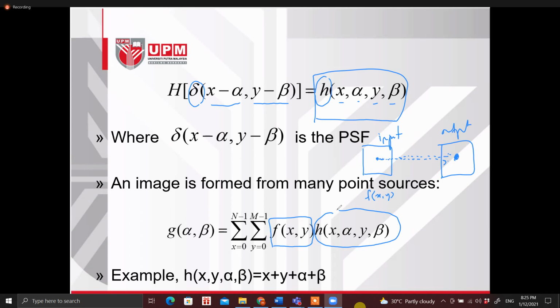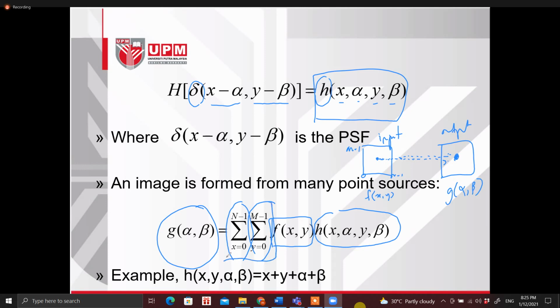Then if we run the whole process for the total size of the image, from x equals 0 to n minus 1, and from y equals 0 to m minus 1, then we can get the output image, which we call g(alpha, beta).